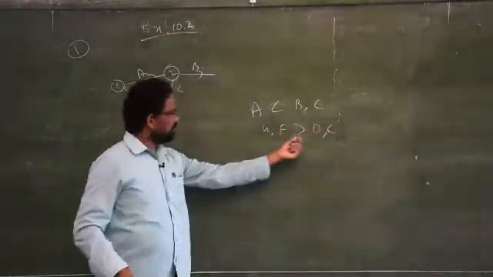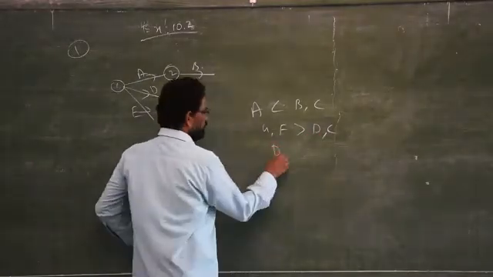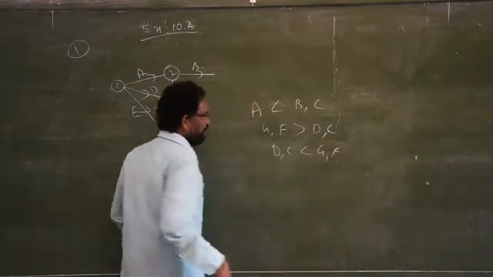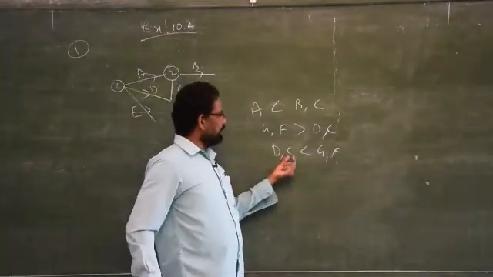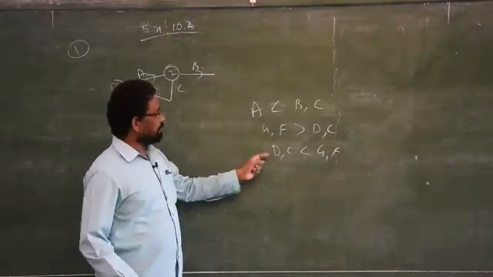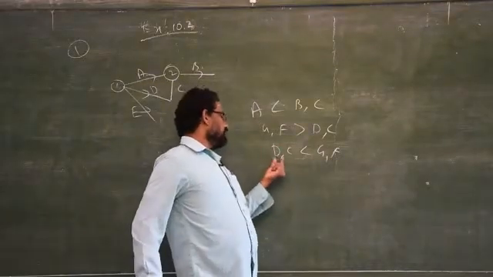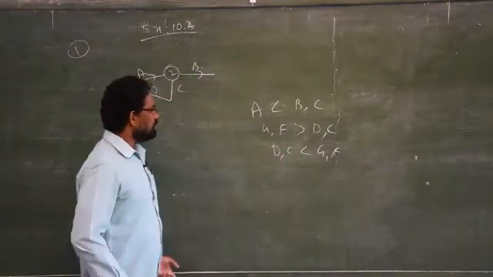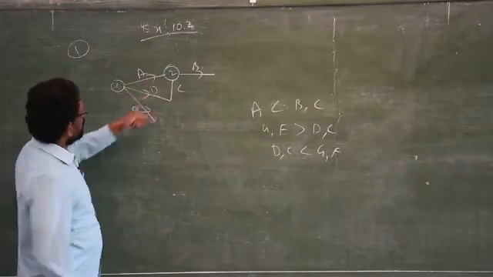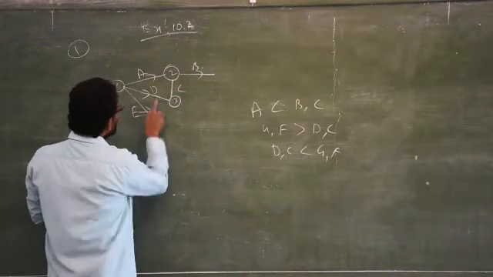Now what is the problem? See, DC is smaller. You can rewrite it like this for better understanding: D and C are less than G and F. What is the meaning? When activities D and C are completed, from the completion of D and C, you have to start G and F. So already C is completed and D also completed.